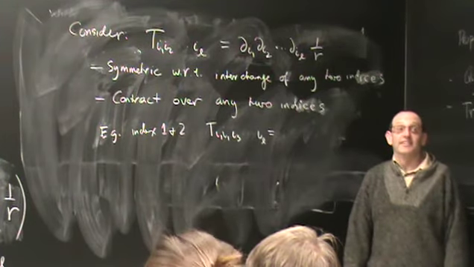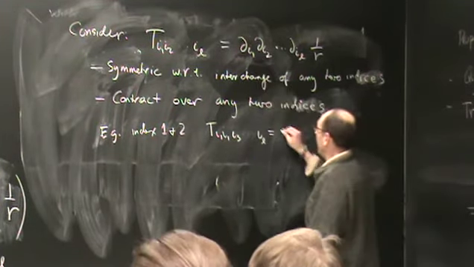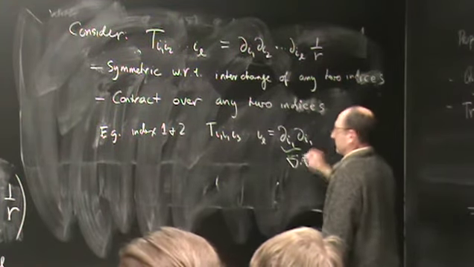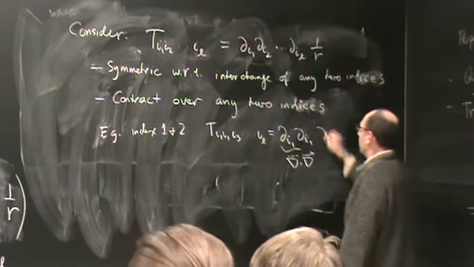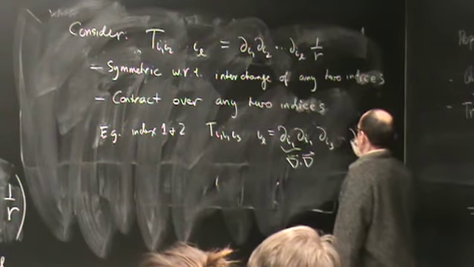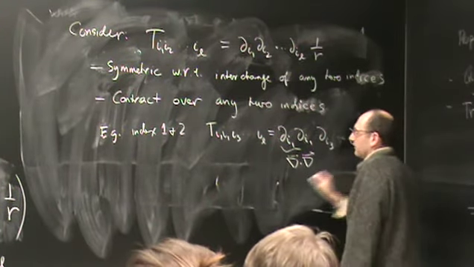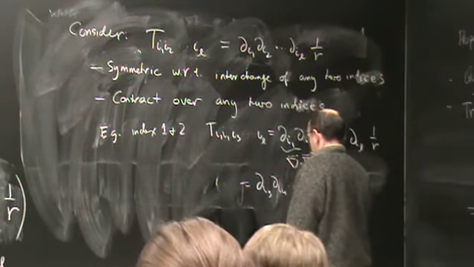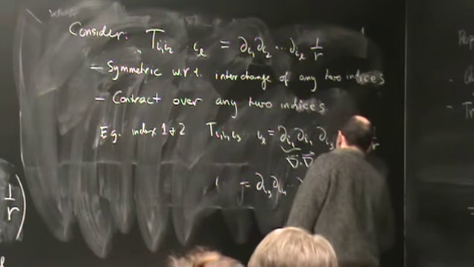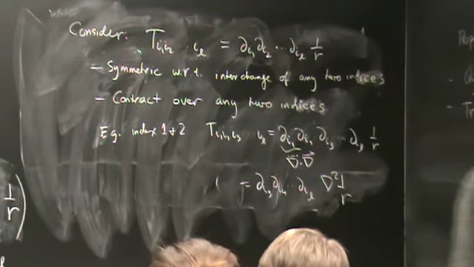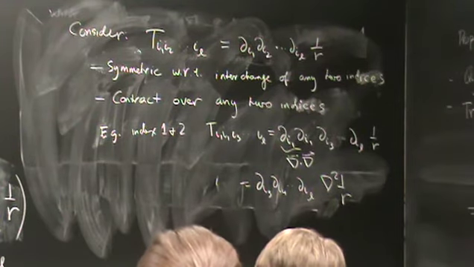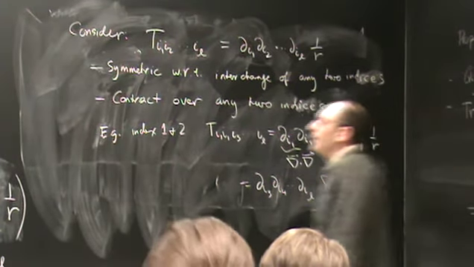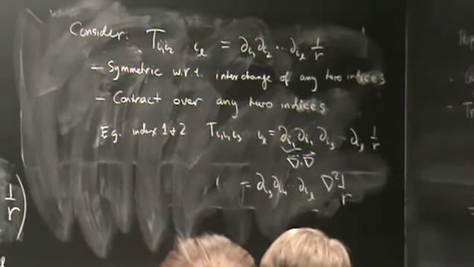Laplacian. Excellent, because this is del dot del, also known as the Laplacian. So this is equal to all that other stuff times the Laplacian of 1 over r. And what's the Laplacian of 1 over r for this case, when we're at a point of observation outside the charge distribution?